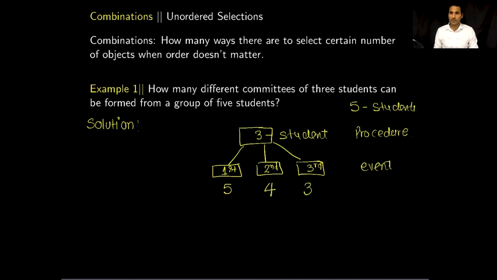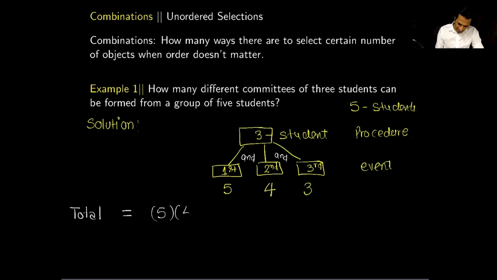Also notice that the conjunction between these events is "and", because we have to select the first student and the second student and the third student. Therefore the total number of ways to select the students will be 5 multiplied by 4 multiplied by 3.